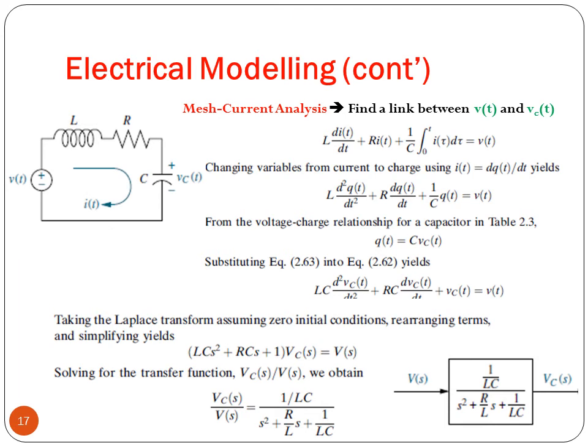So we'll have two equations. We can extract I of s from the second one and insert it in the first one, so that we can get this relation, and at the end we'll be able to model the system output, which is Vc of s over the input, which is V of s, as follows.